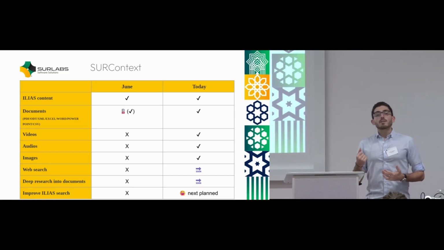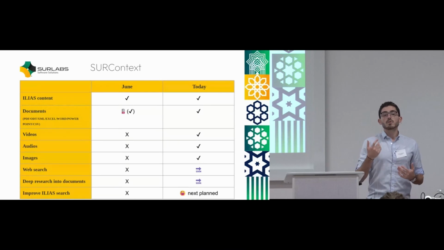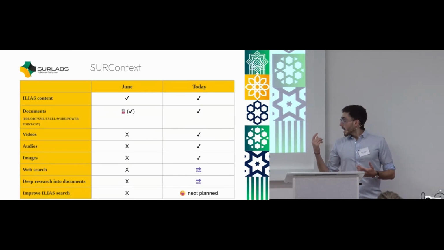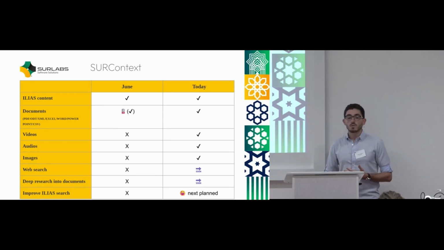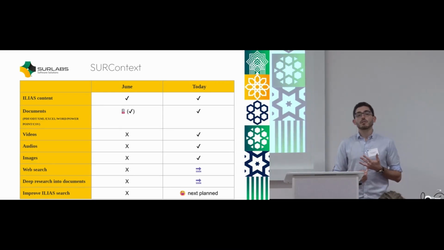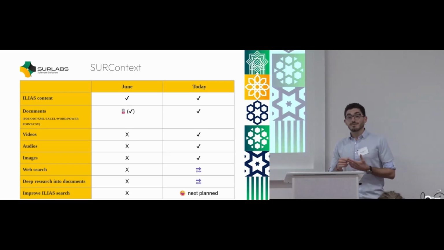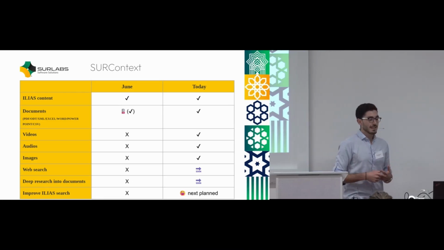But also, we think that we can use SIR context to improve ILIAS. For that reason, we think that we could help the ILIAS search using SIR context, because as we could see, SIR context provides us the link to access the resource. So you can imagine, we can index the different kinds of configuration of ILIAS, the content of the course, the LTI guides, for example, that is so heavy.